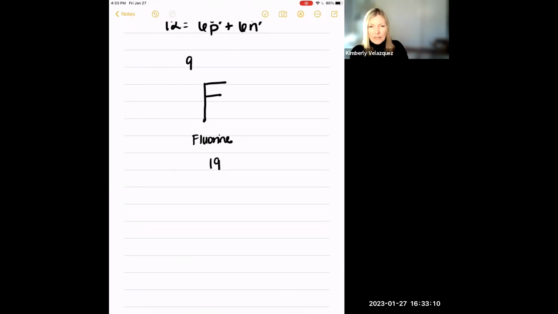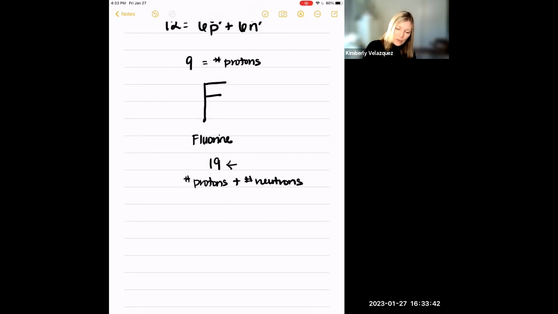Okay, how many protons does fluorine have in the nucleus? It has 9 because that's the atomic number. So this represents the number of protons in the nucleus of fluorine. This is the atomic mass, and that is equal to the number of protons plus the number of neutrons.